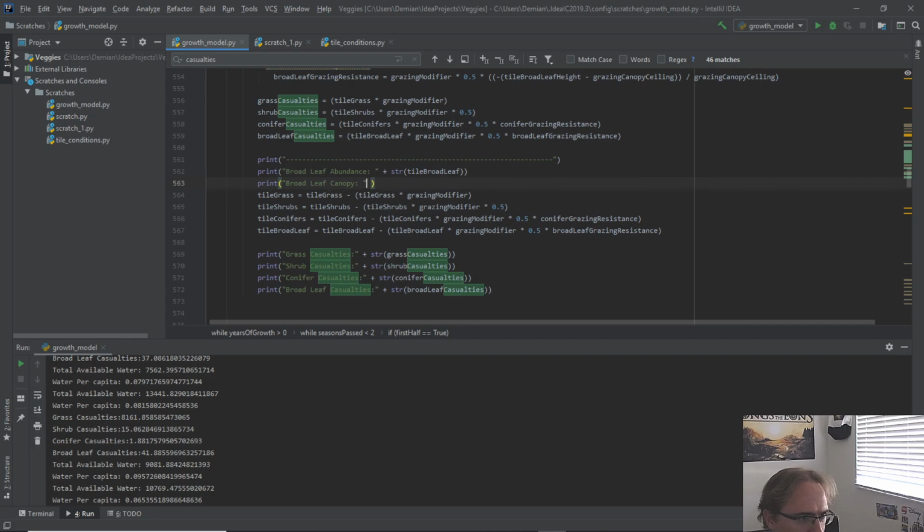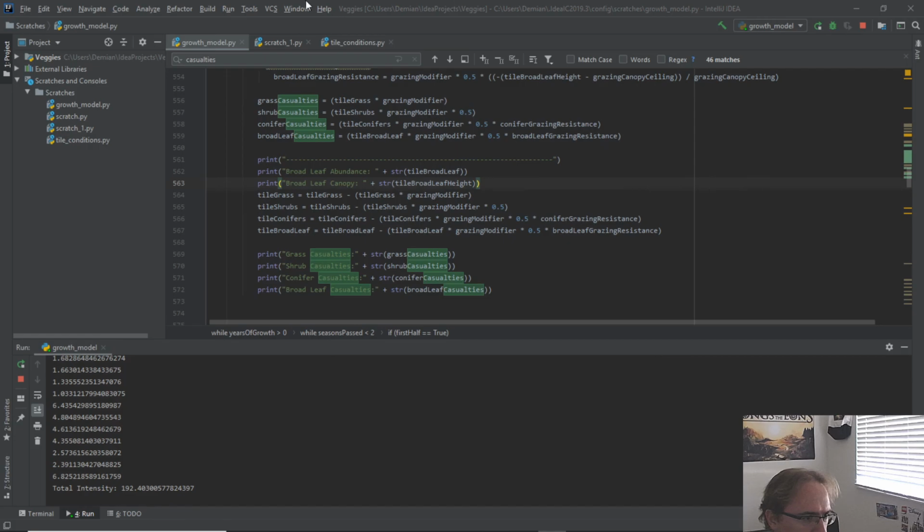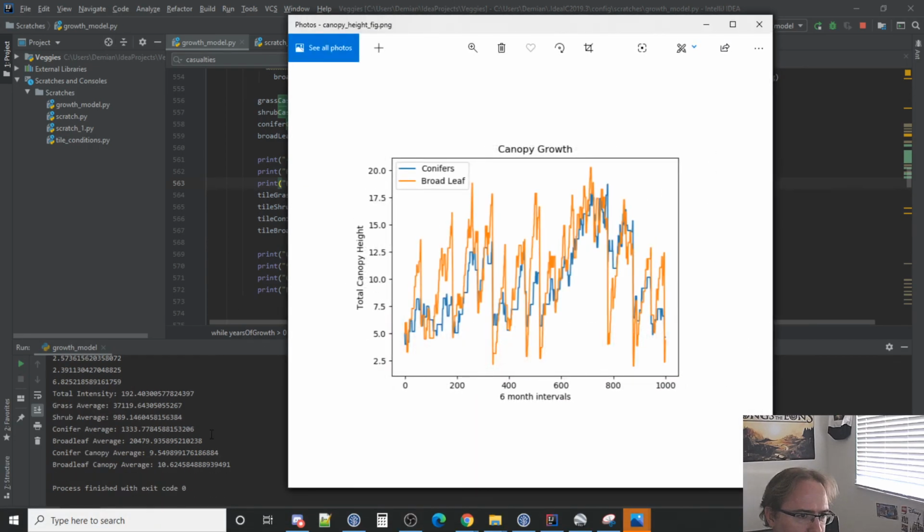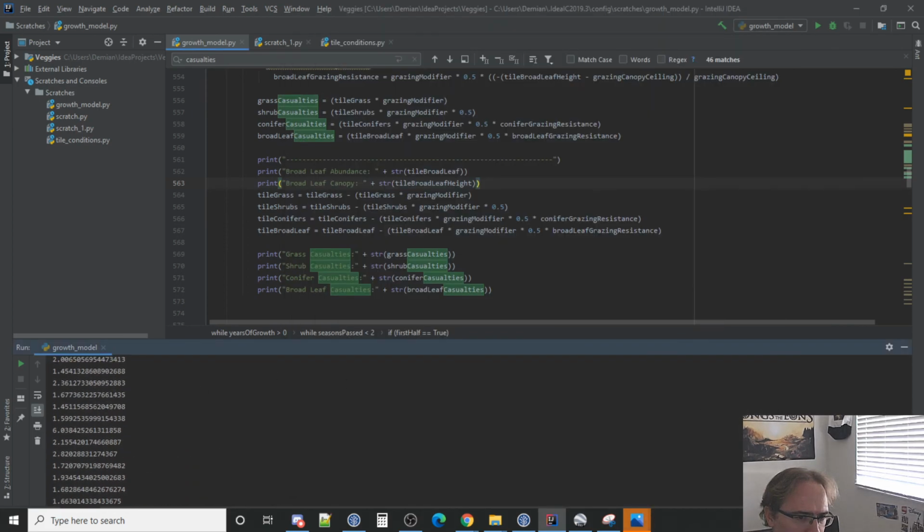What's interesting is the grazing is sufficient to wipe out our conifers, which is sort of what we want. Okay. And even the canopy gets low enough that they should take a hit from grazing.